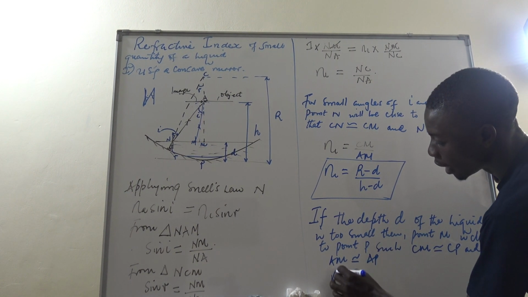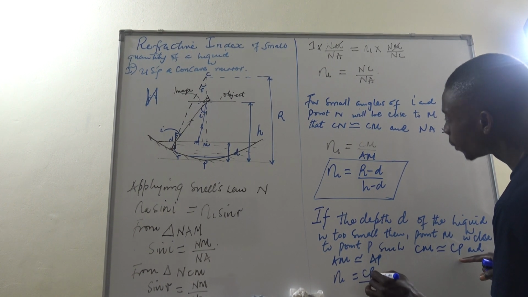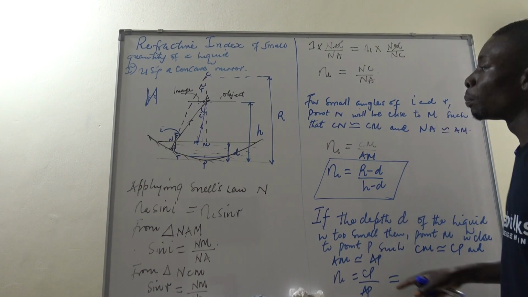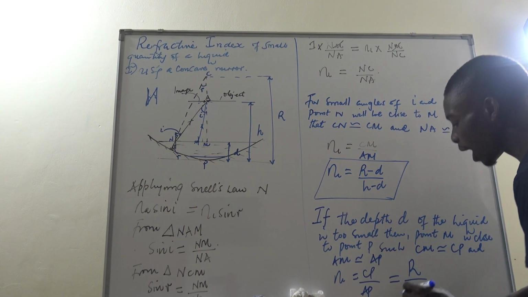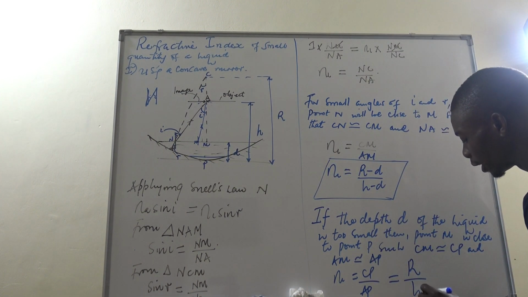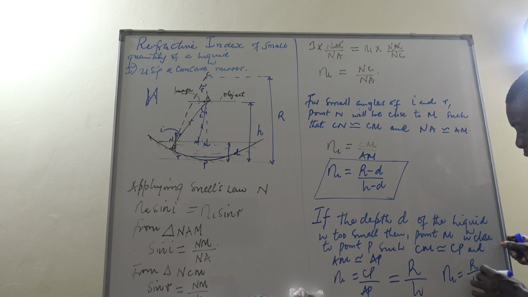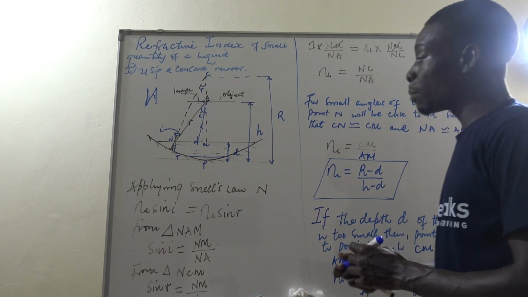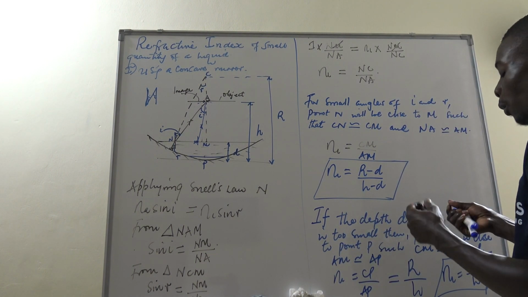Then we shall say our refractive index, CM, which is the same as CP, out of AM, which is the same as AP. But what is CP? CP is R, and AP is H. So in other words, the refractive index will be R out of H. This formula is only right if the depth of the liquid is too small.